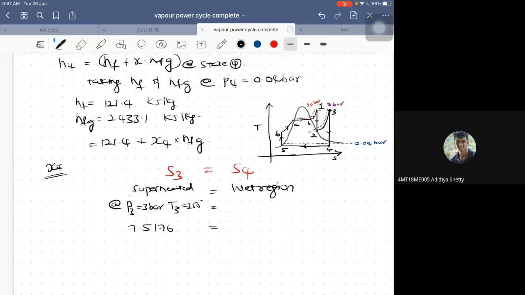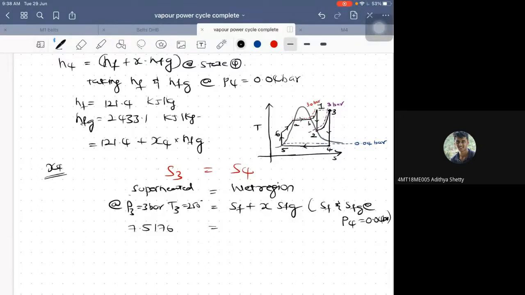SF plus X into SFG. Can I have the value of SF and SFG at P4, which is a pressure of 0.04 bar?